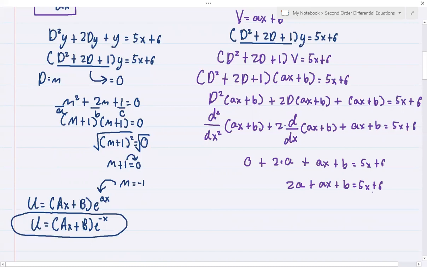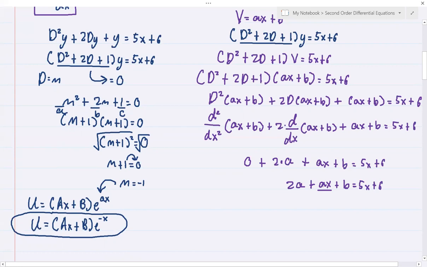What we are going to do now is find your a and your b. To find them, we can use a method where we simply equate the similar terms on the left side and on the right side of the equation. Let's start first with your term ax.